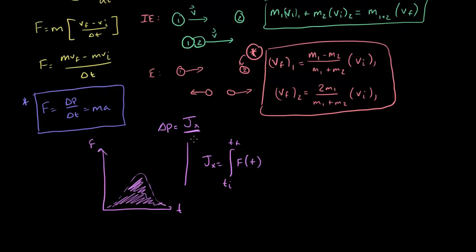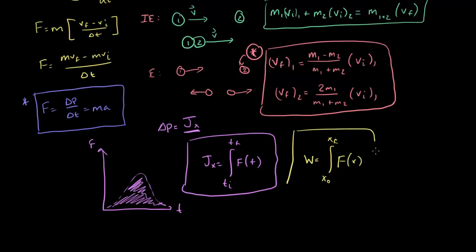I'm running out of time, but I'm going to make a real quick connection to work, which occurs later on in, I think, chapter 11. Your work, if you remember, is the integral from x naught to x final, so distance initial to distance final, of your force with respect to distance. There's a pretty big similarity between the two, and I think that's something worth taking note of.